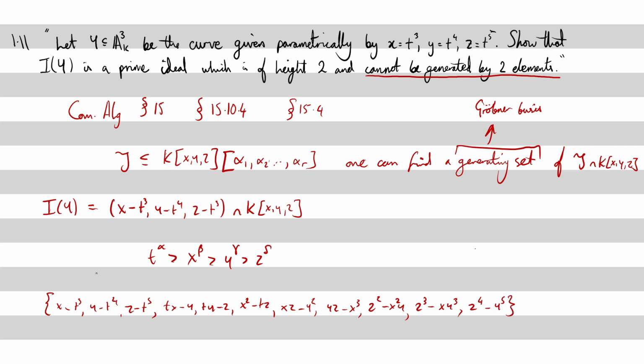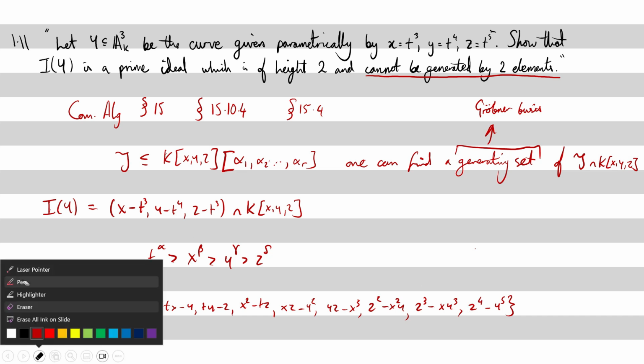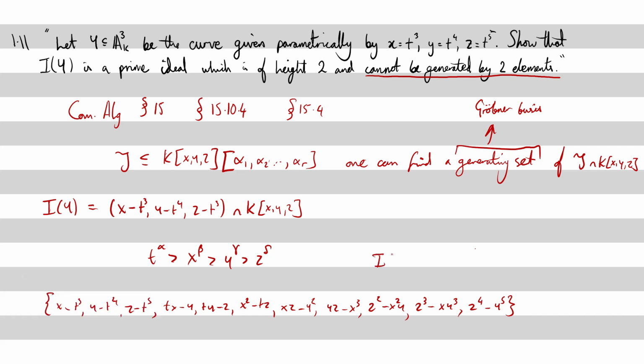Not only does this bit form a Grobner basis of I of y, but if we wanted to remove our variable x as well, then this bit would form a Grobner basis, or rather a generating set, for I of y intersect k x y.